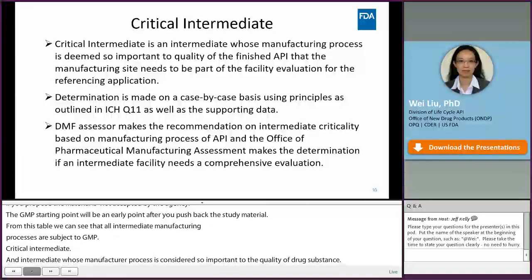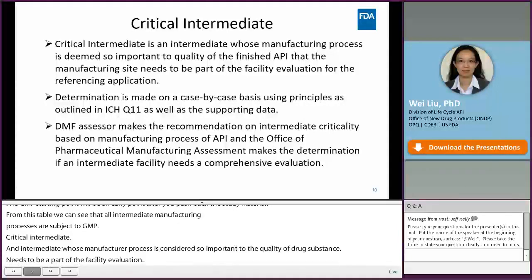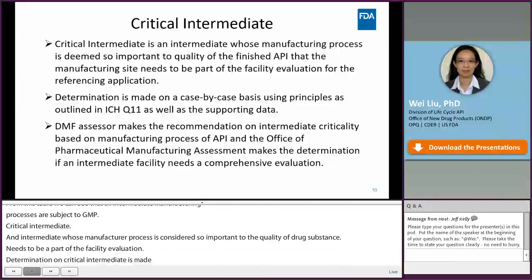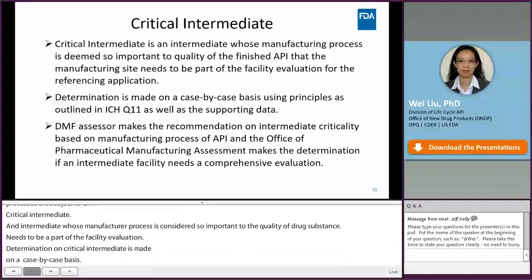Determination on critical intermediate is made on a case-by-case basis using principles in ICH Q11, as well as the supporting data in submissions. During the DMF assessment, the DMF assessor makes a recommendation based on the manufacture process of the API. The Office of Pharmaceutical Manufacturing Assessment makes the determination if an intermediate facility needs a comprehensive evaluation.